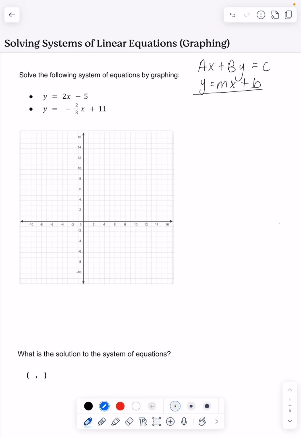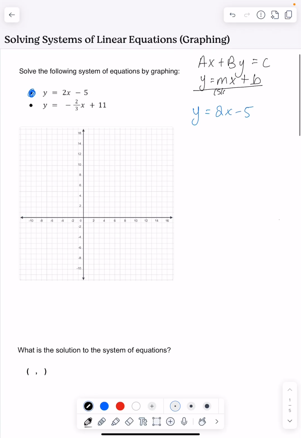So I'm going to make this my blue line. I'm going to have y is equal to 2x minus 5 in this case, and if we remember, the m is the slope, and the b is the y-intercept, which is where we start.